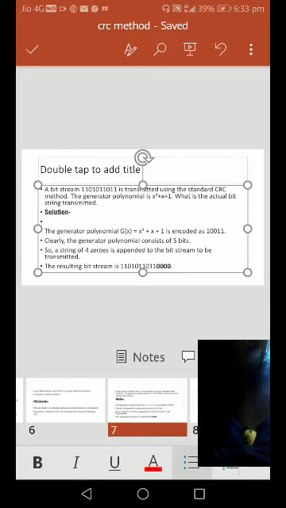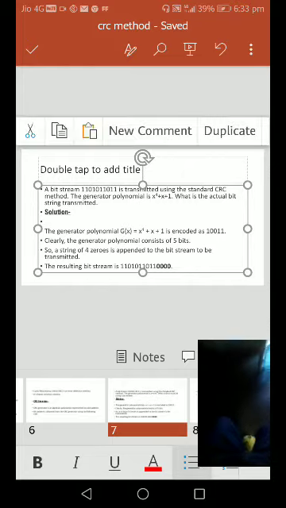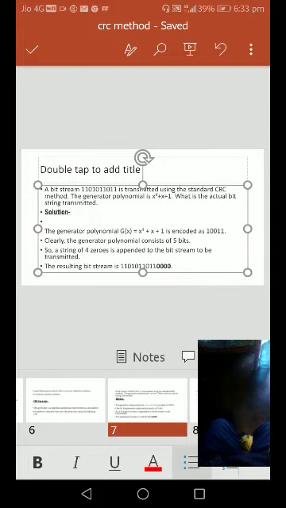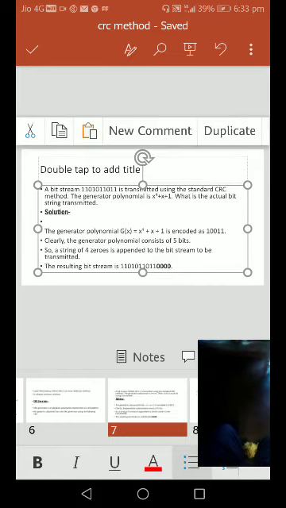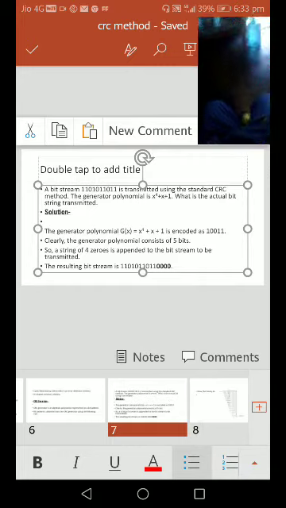Then we have to add 4 zeros, 0000. This is the way we generate the polynomial division number plus 4 zeros. A string of 4 zeros is appended to the bit stream to be transmitted, and then after that the bit stream will be transmitted.